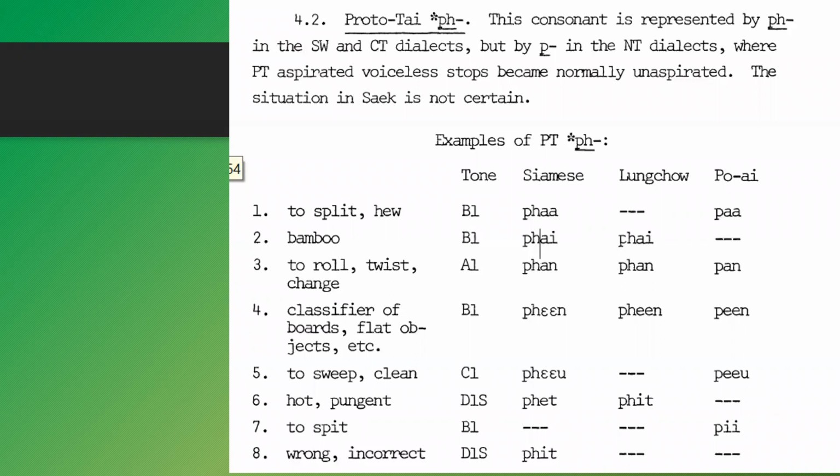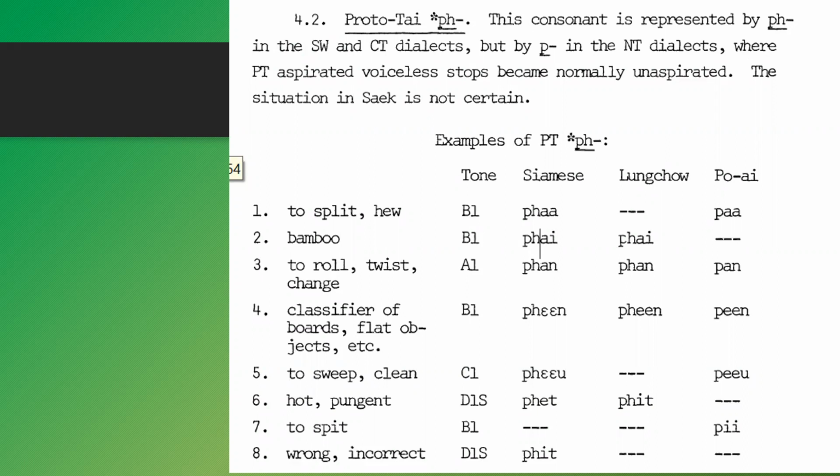So what he said was that this original Tai or proto-Tai sound P, that's the aspirated P as we call it, is to be found in all of the Southwestern and Central Tai dialects. And this is found in words like bamboo, to roll, the classifier for flat objects, hot or pungent, that's the word for, like, chili taste, or the number 8 down the bottom, to be wrong or incorrect.